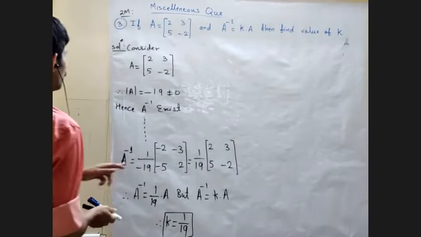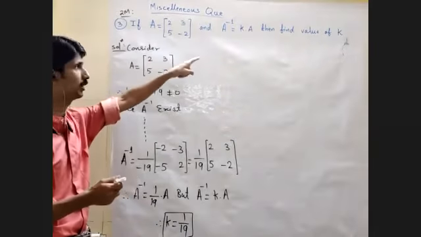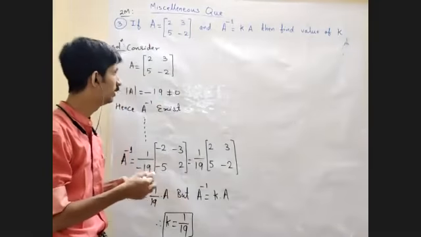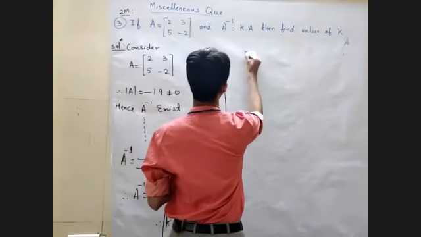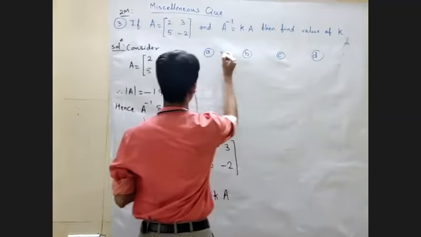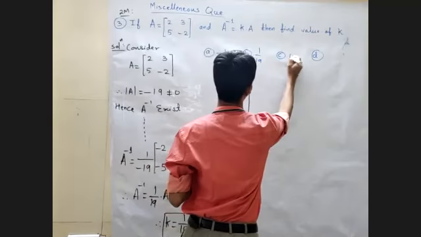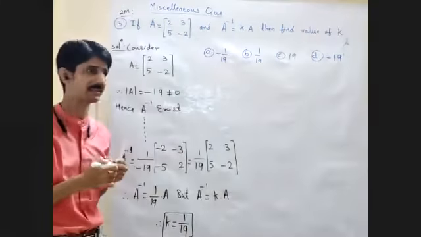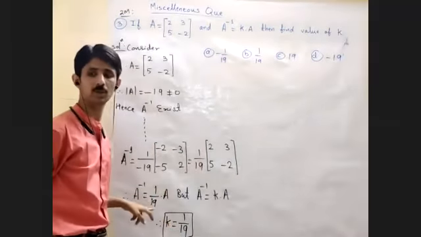I hope everyone must have got the value of K. अच्छा, यही क्वेश्चन वो MCQ के लिए भी पूछ सकता है. You can ask this same question, find out the value of K. अगर suppose theory में नहीं पूछना है उसको, तो he'll give you 4 options like option A, option B, option C and option D. फॉर एग्जाम्पल -1/19 दे दिया, 1/19 दे दिया, 19 दे दिया एंड -19 दे दिया. नाउ इफ he is asking this question as a multiple choice question in exam, then फिर इतना working करने की जरूरत नहीं है.